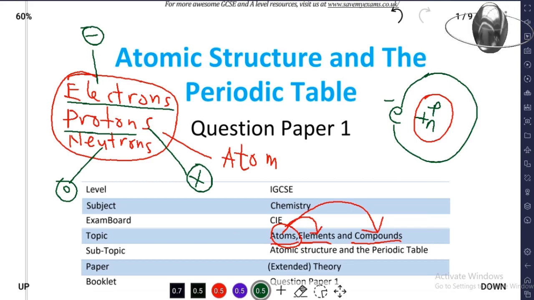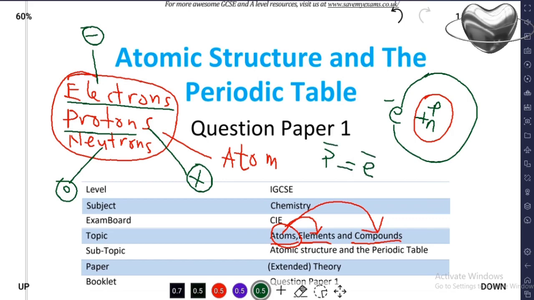For this to be possible, we understand that it is very important for the number of protons to be equal to the number of electrons in the neutral atom. By that I mean, in a neutral atom, the number of protons is equal to the number of electrons.